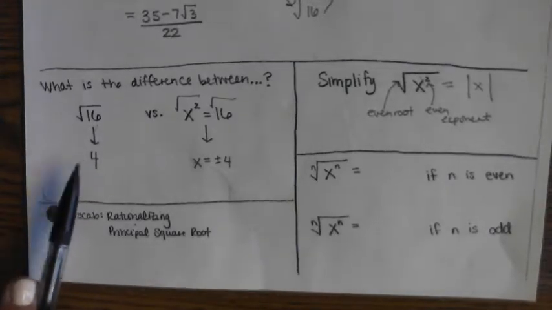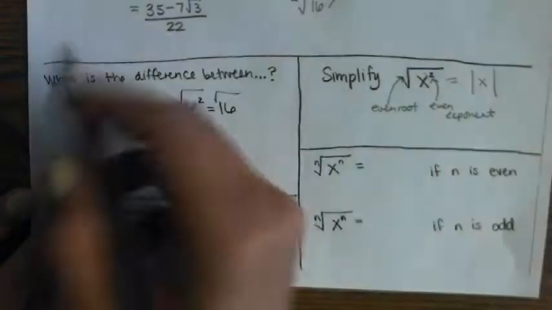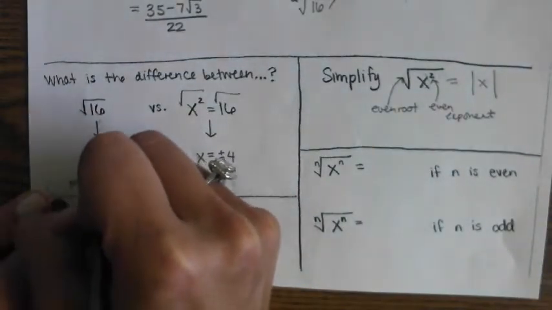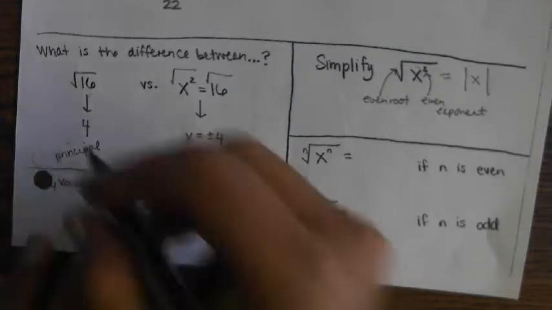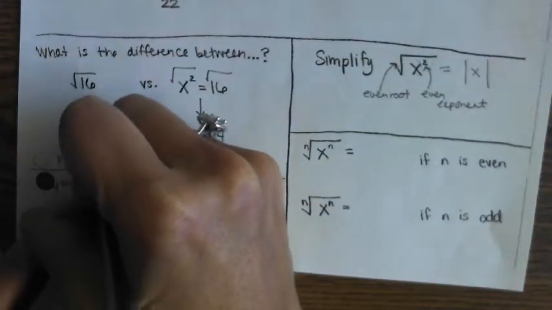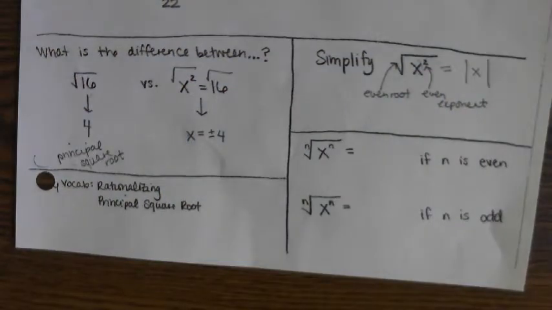This is called the principal square root. Okay? The principal square root. So when you just see something and it says, what's the square root of 16? You would never say negative 4. The square root of 16 is 4. Principal square root. There's an assumption there that we are only asking for the principal square root.